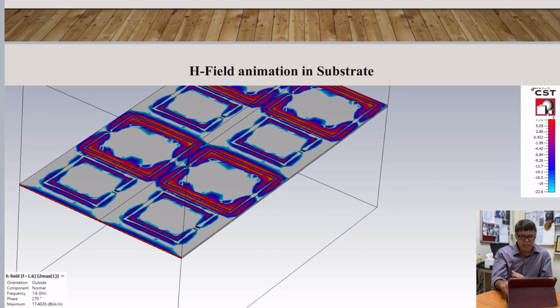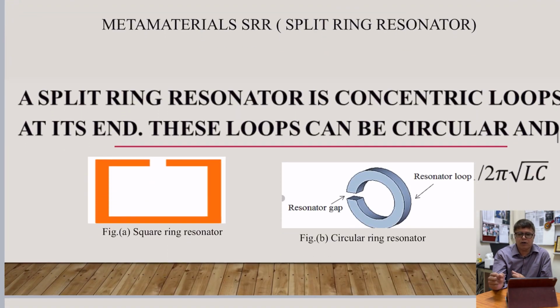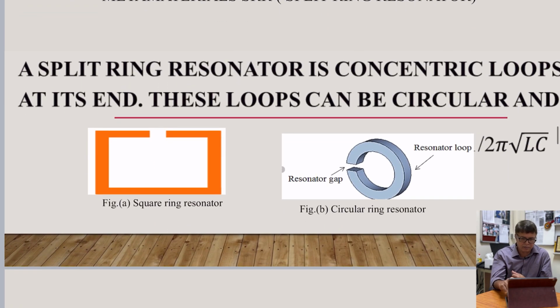Similarly, the H field animation is seen in the substrate. It means that the RF absorbers are resonant at a particular frequency, and they will be responsible for absorption or absorption coefficient, specific to the received energy.